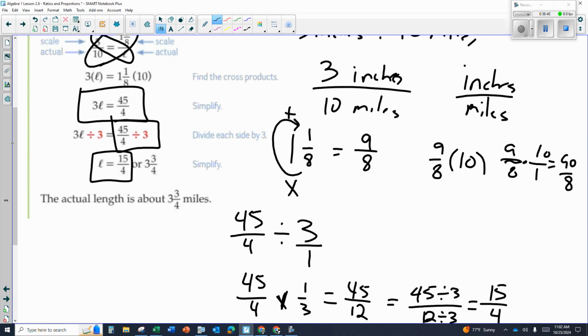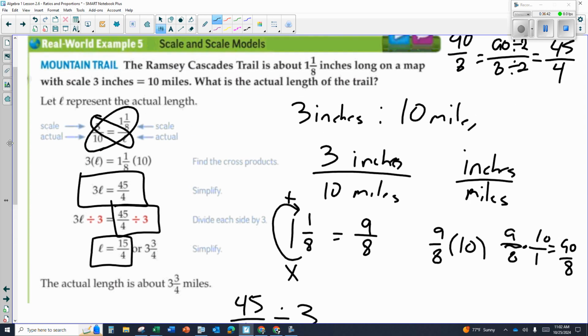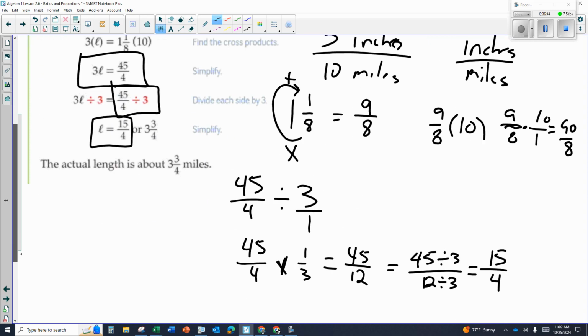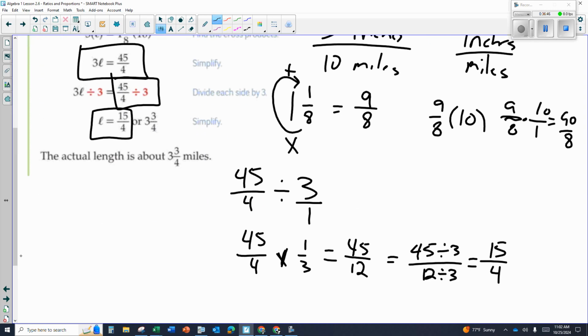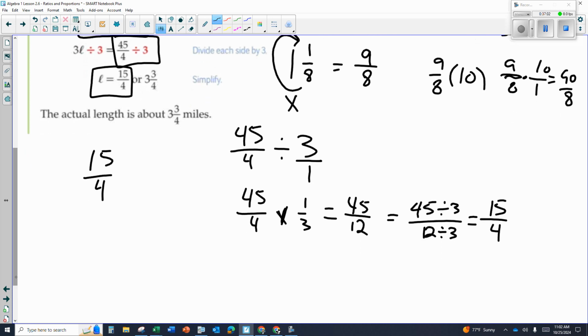And because we were given mixed numbers in the original problem, it's usually a good idea to write your answer as a mixed number as well. So if we look at 15 fourths, we can rewrite this as the sum of 2 fractions. So let's look at our multiples of 4.